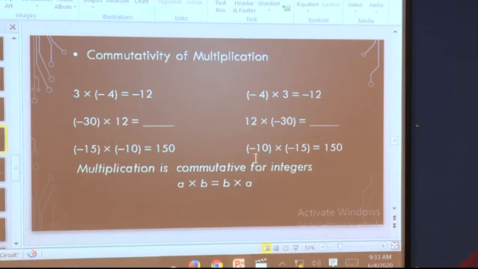So, I have written minus 10 into minus 15. So, at last we can say that multiplication is commutative for integers also. In short, we can say that A into B is equal to B into A. A may be a positive integer or negative integer, and B may be a positive integer or negative integer. When we take the product, the multiplication, the product will be the same.